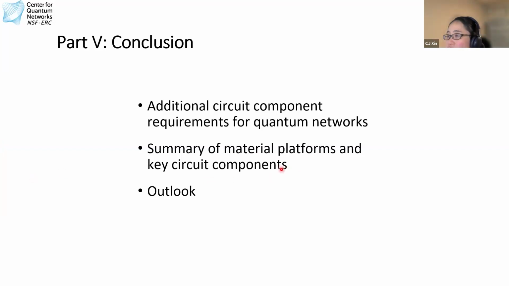And so in summary, you have a whole zoo of material platforms, and they each have their strengths and weaknesses. You have ones that are really, really low loss, but maybe don't have that much functionality for active devices or the devices you need for quantum photonics, such as silicon nitride and, by certain definitions, silica.